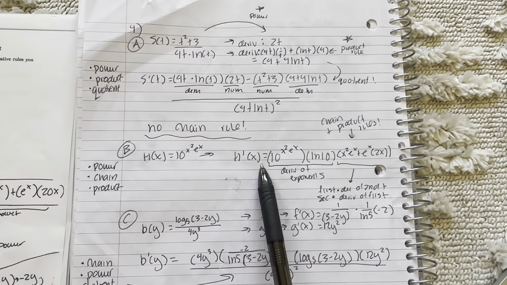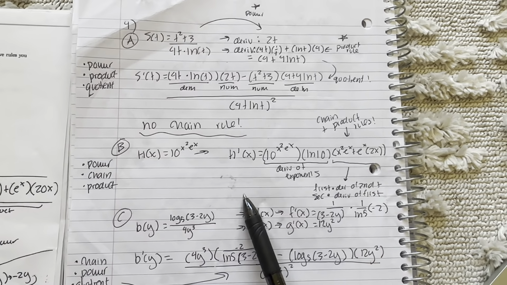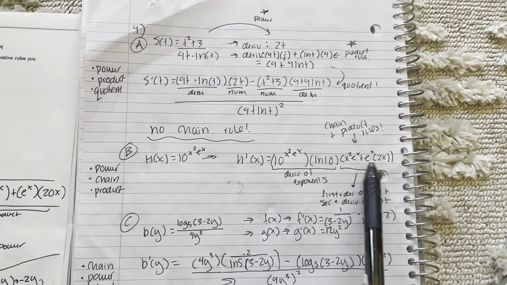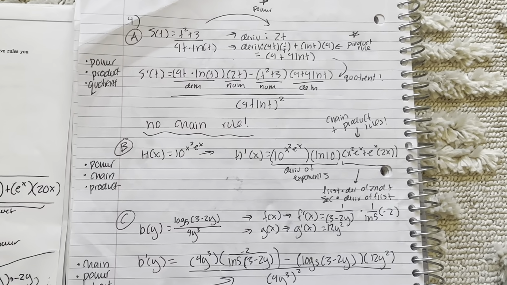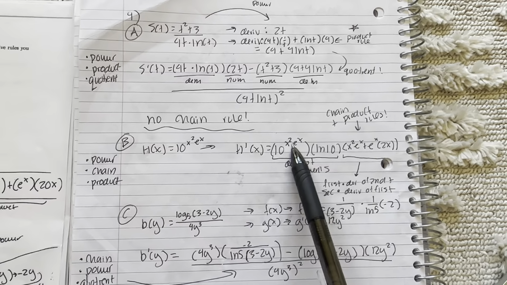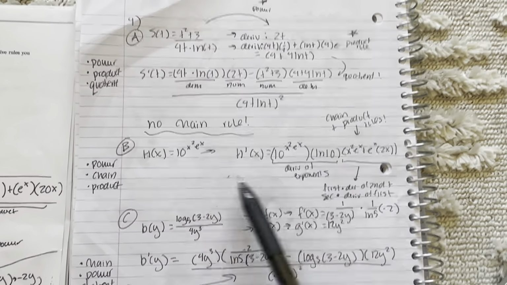So h prime of x, so let's take the derivative. We use the chain and the product rules and the power rule right here to get 2x. But first we take the derivative of the exponents. So we take this whole first term and then natural log of 10.